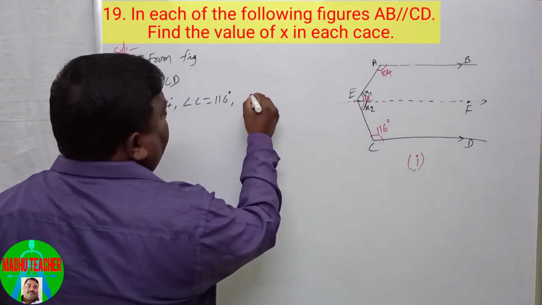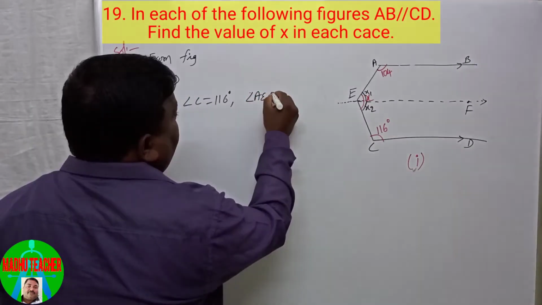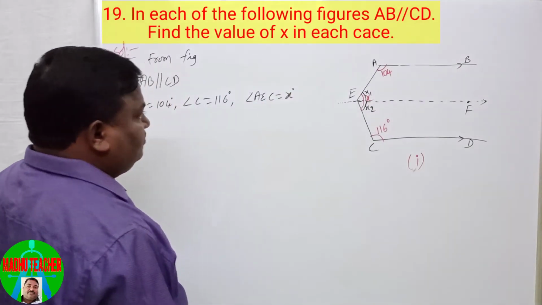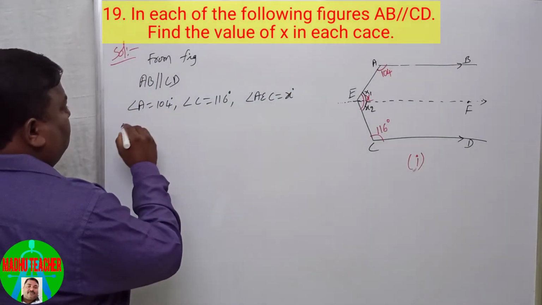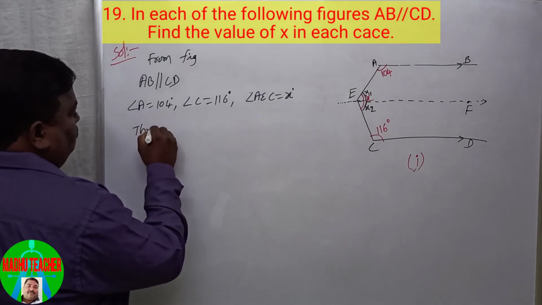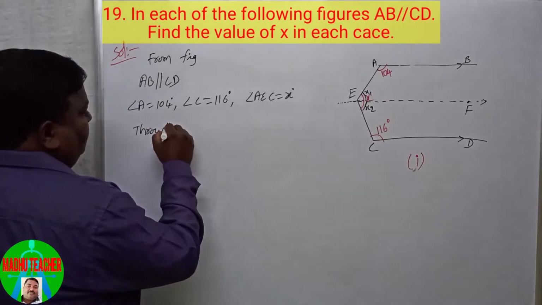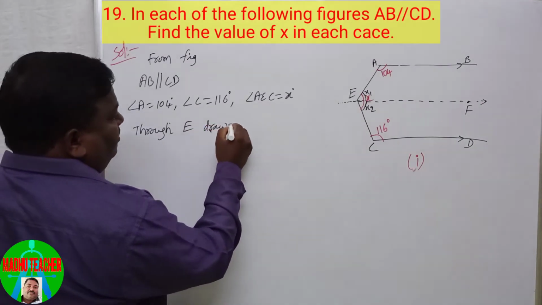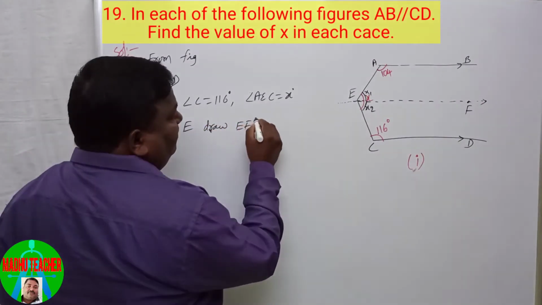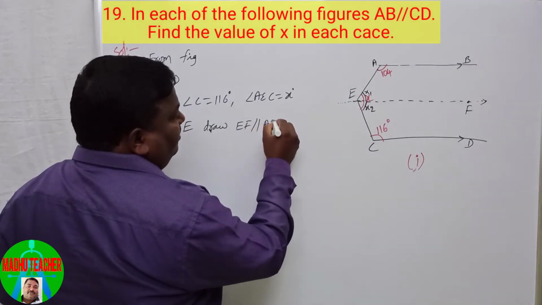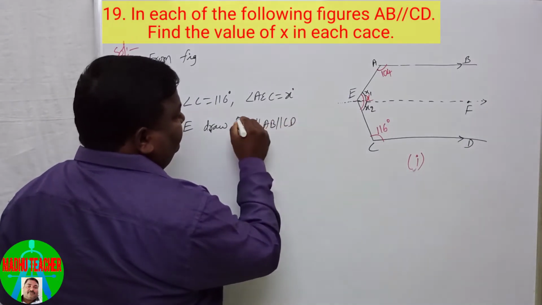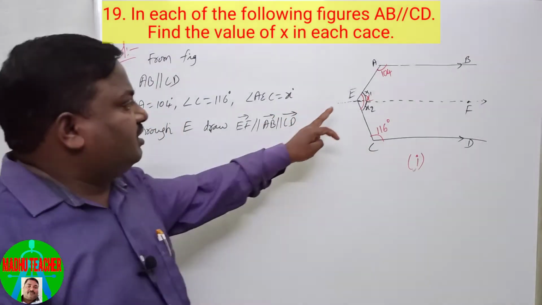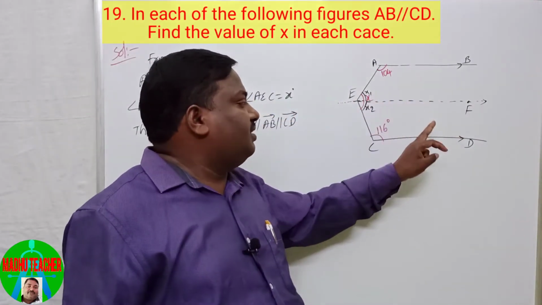Angle E, that is angle AEC, equal to x. Through E, draw EF parallel to AB and CD.